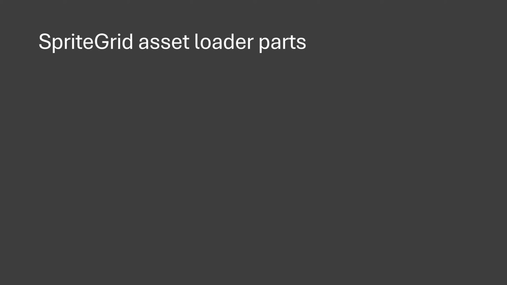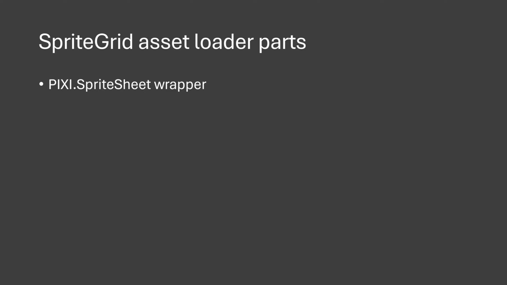All right. Now, what we need to build for this. The first thing we need is a sprite grid asset loader, and that is the abstraction that takes a Pixi texture, an object, a class that we defined last time, and actually creates a sprite grid asset in memory.